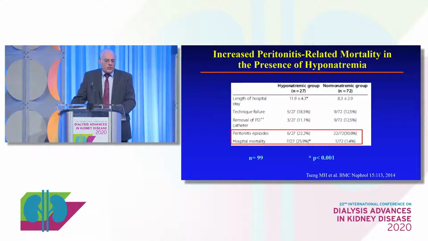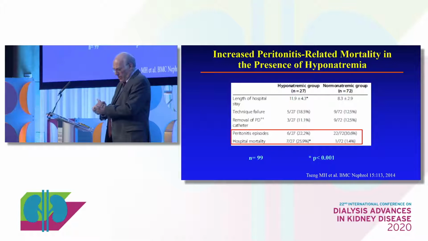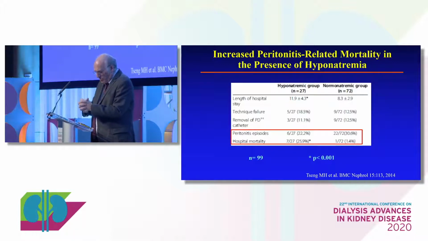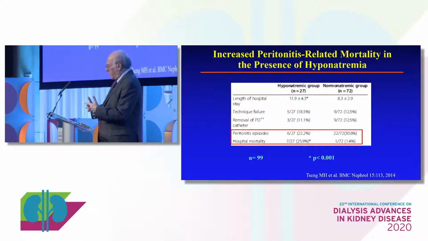And while there is no increase in the frequency of peritonitis in hyponatremia, shown peritonitis episodes 22%, 30%, no significant difference, hospital mortality is massively increased from 1.4% to 26% in the presence of hyponatremia.